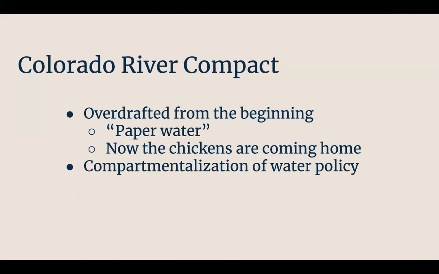But the problem is the mean natural flow of the Colorado River system is 13.5 to 14.5 million acre feet. So from the very beginning, the Colorado River Compact was overallocated. This is not based on reality, right? This is based on ideology.